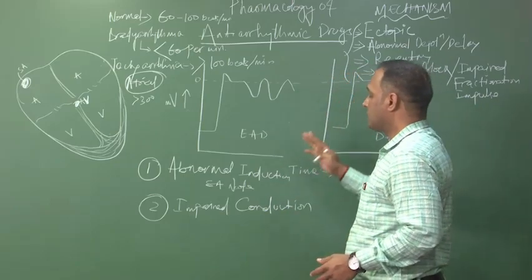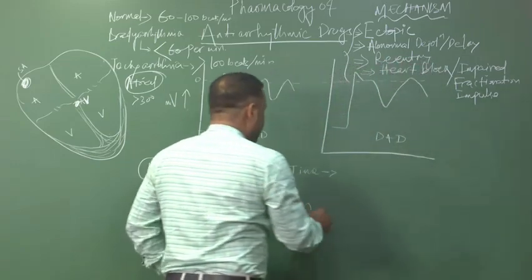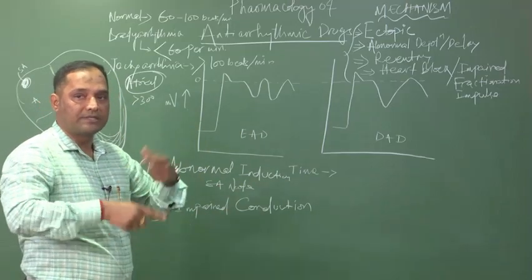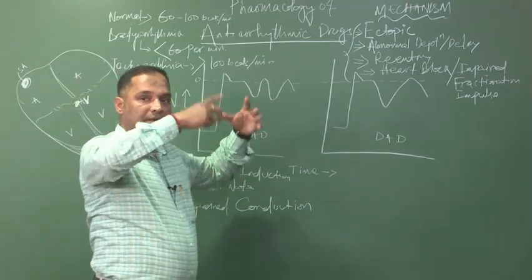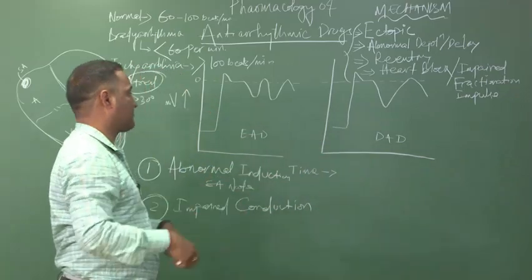The second one is impaired conduction. Generally the impulse is taken up by the AV node and propagated to the whole chamber or the muscular fibers.